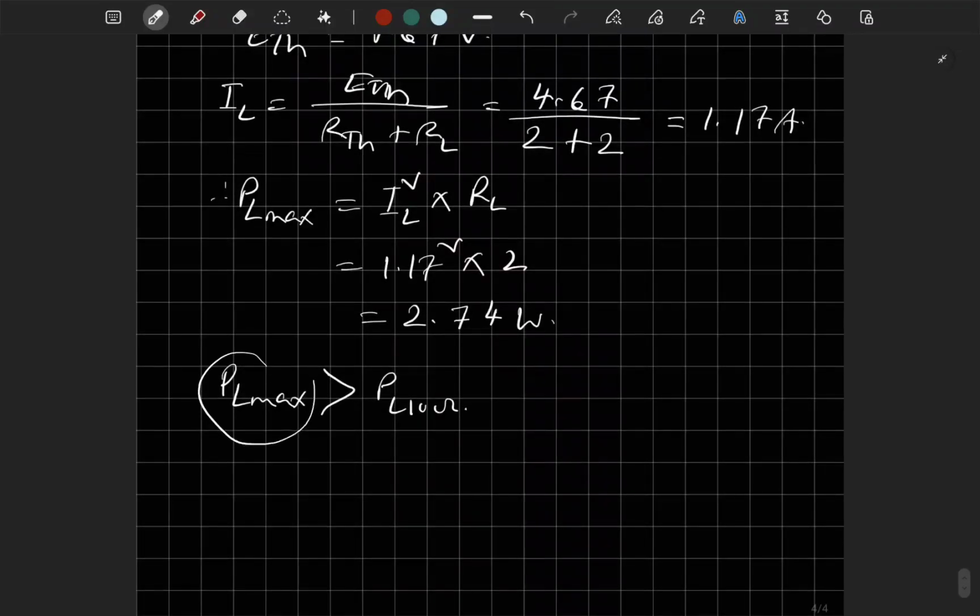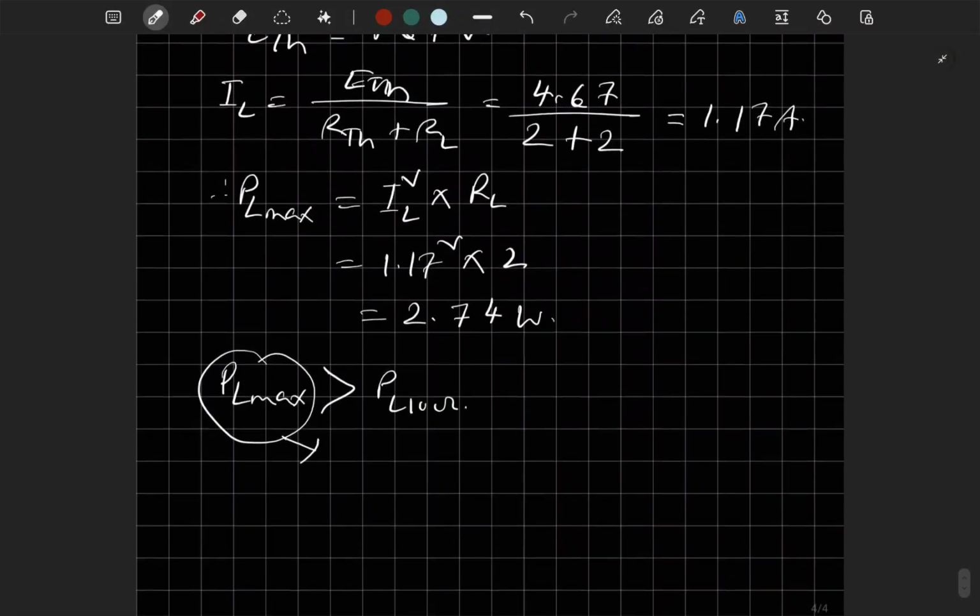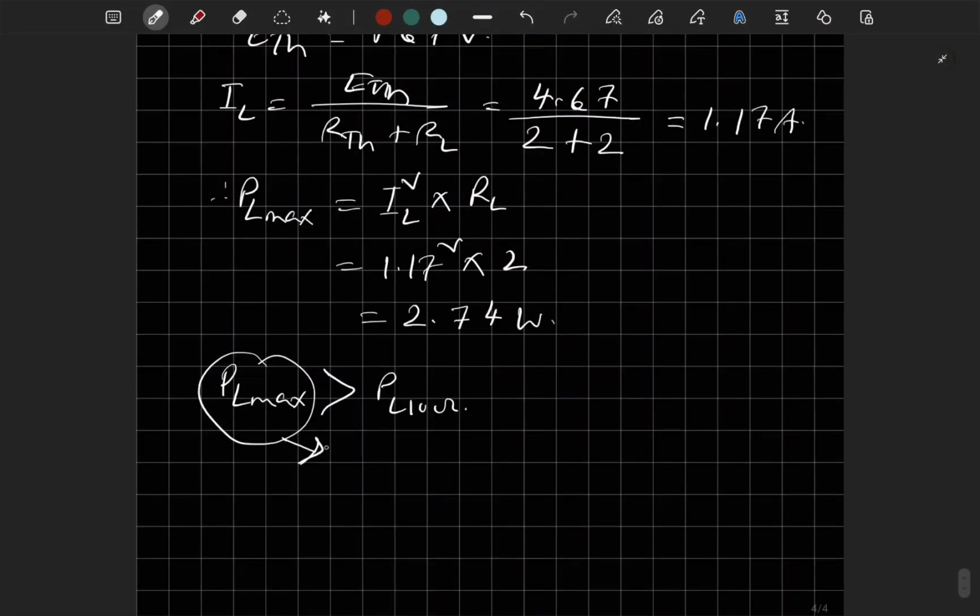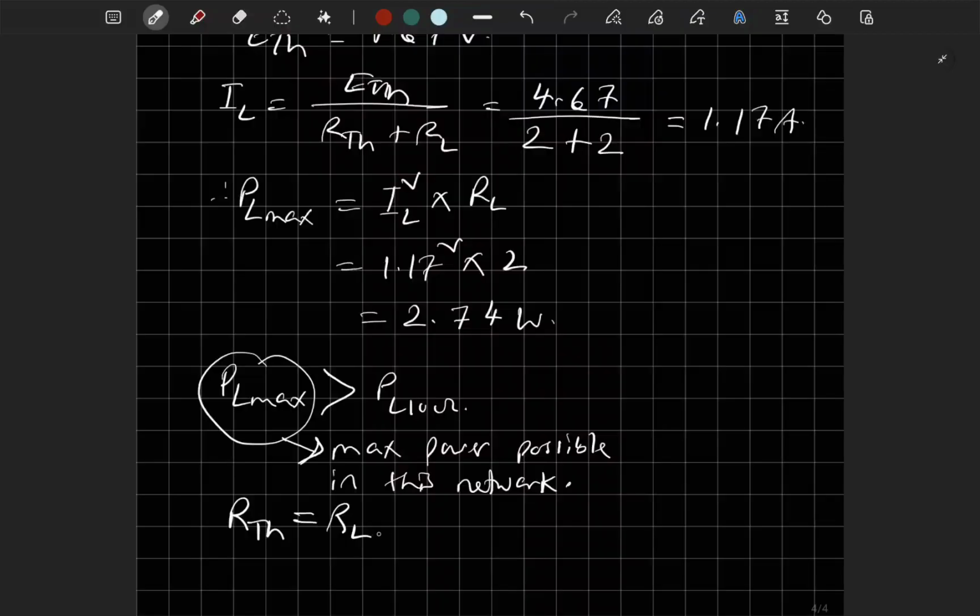Why? Because this PL max is the maximum power that this network can produce, the max power possible in this network. And what's the condition to get this? RTH equals RL.